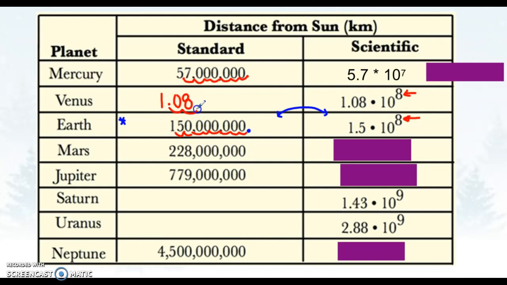So 1, 2, 3, 4, 5, 6, 7, 8. So that's where my decimal point goes. But I don't have values here, so I have to plug in zeros. So 108 million is 1.08 times 10 to the 8th.